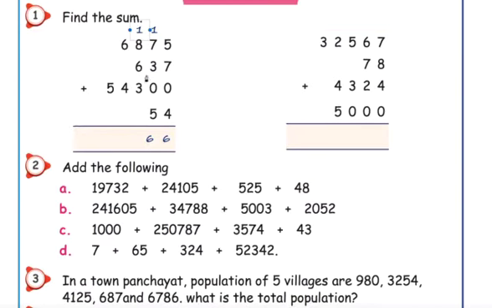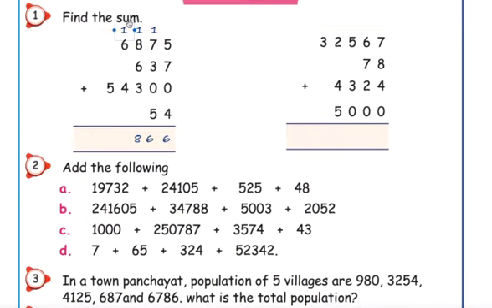Its proper place. 9 plus 6, 15, 15 plus 3, 18, right? So 8 I will write here. The remaining one should be given to the next place. The next consecutive place is 1000. So that one will go here.